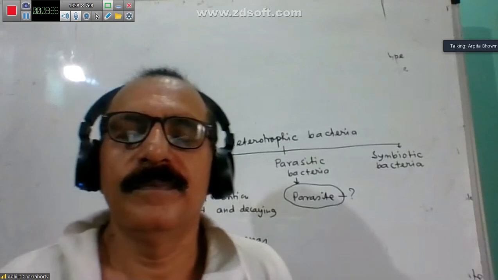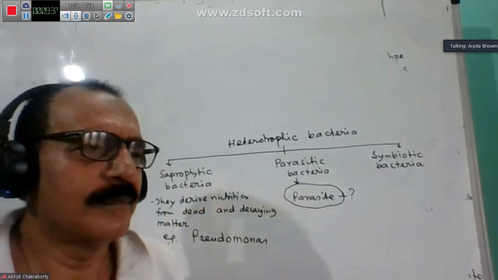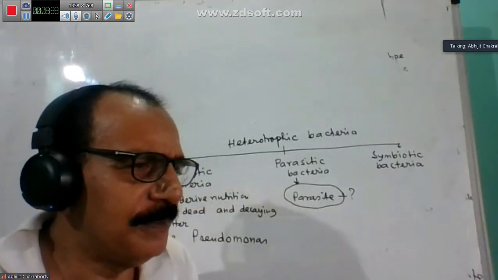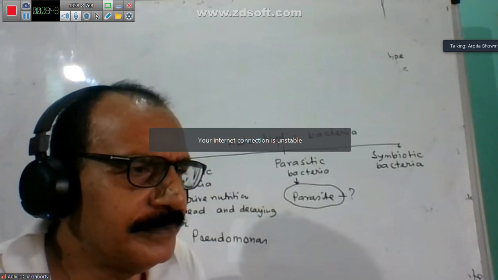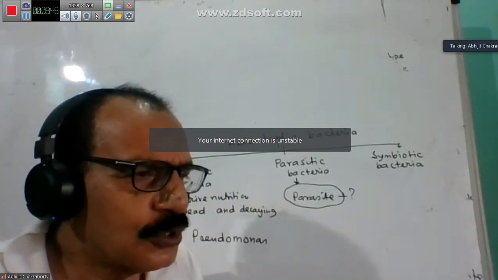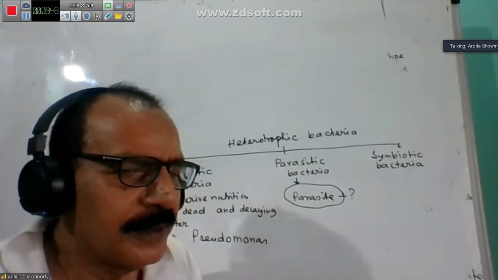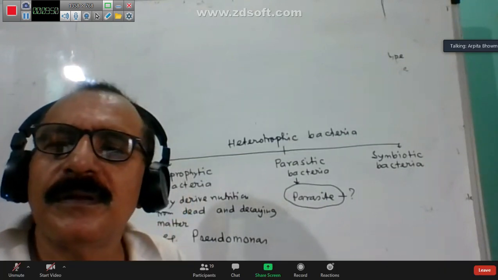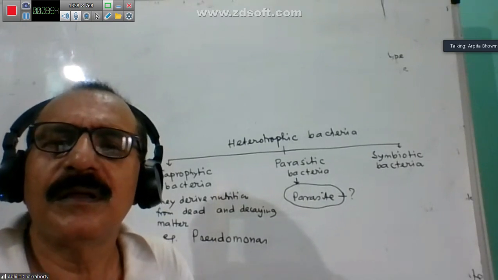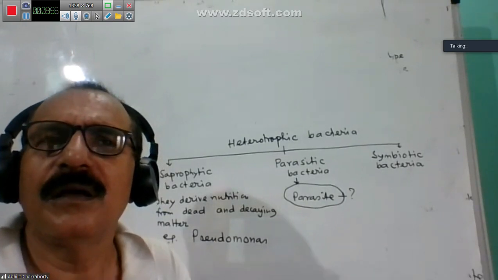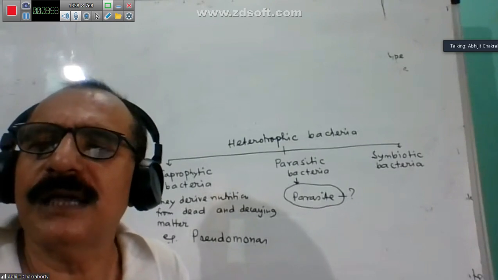Sir, a parasite is a host that lives in a living organism. Please repeat again. Sir, it's a different kind of organism which lives in other organisms and takes nutrition from that organism. Okay. Anyone else to add something?